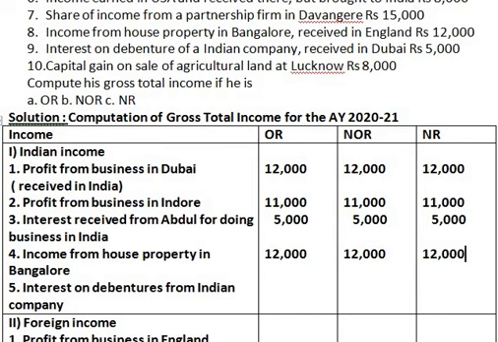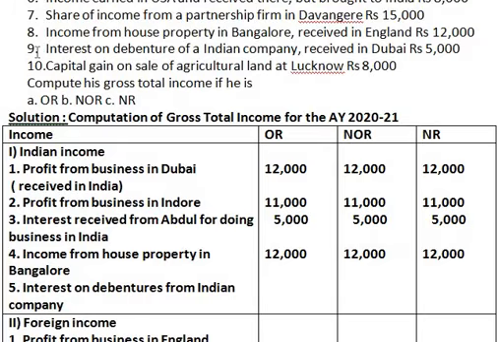Check which is the next Indian income. Interest on debenture of an Indian company received in Dubai. Pay attention, dividend received from an Indian company is exempted from tax, but interest received on debenture from an Indian company is taxable. I repeat once again, dividend received on shares from an Indian company is exempted from tax, whereas any interest received on debentures in India or from an Indian company is taxable.